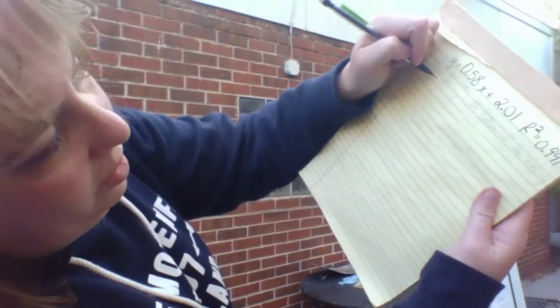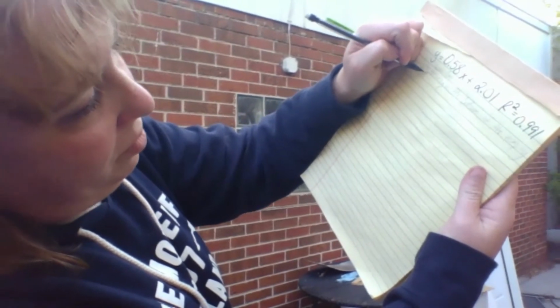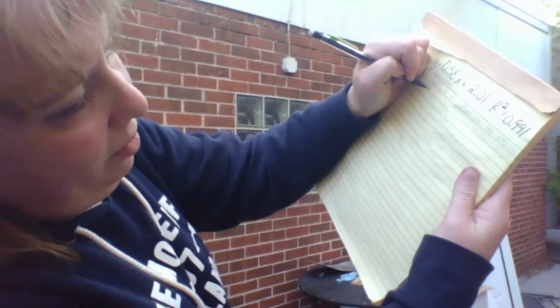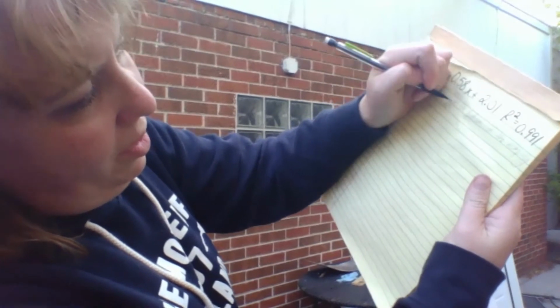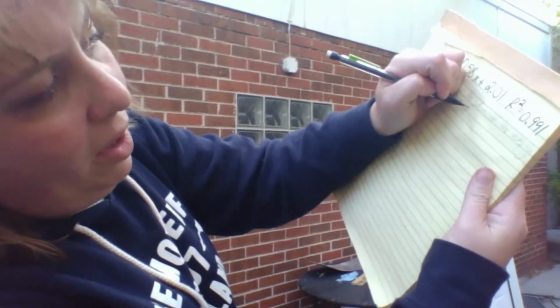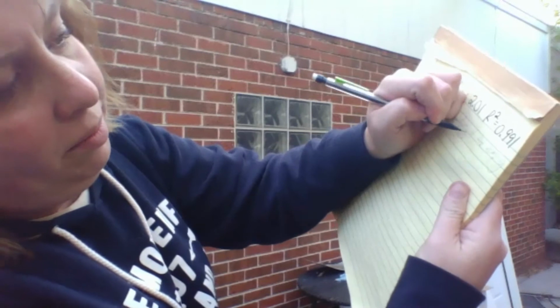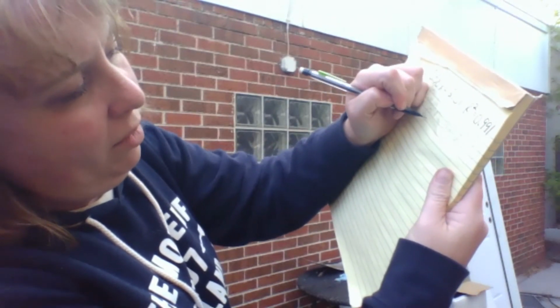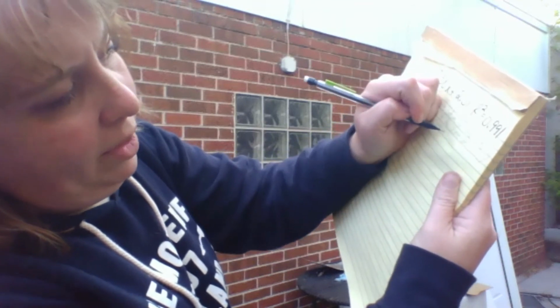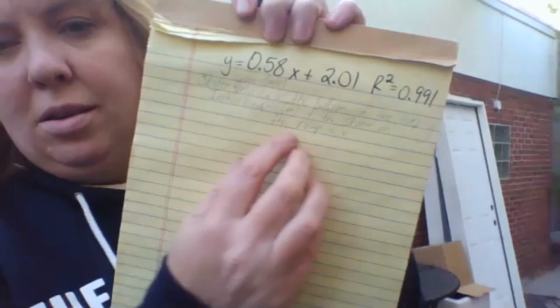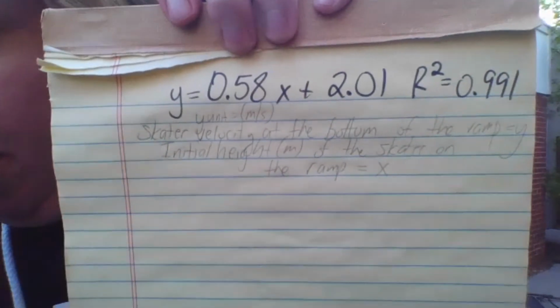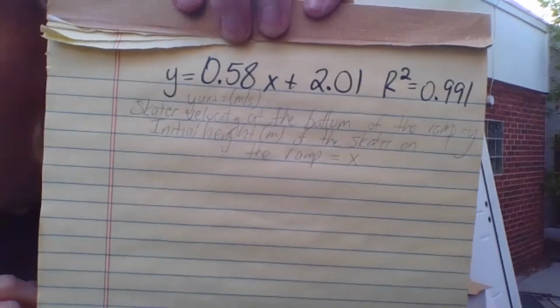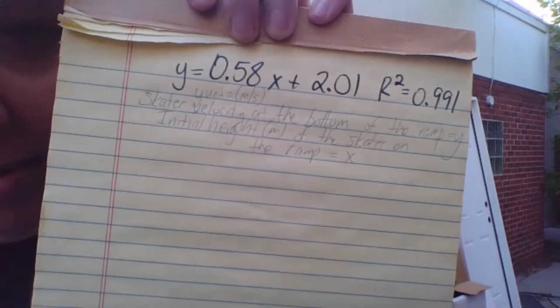So the initial height, right, in meters, of the skater on the ramp is my x. Right? So copy your y label, copy your x label. You're going to need those for the next step.